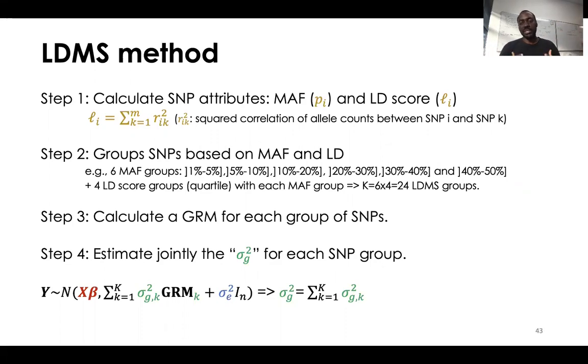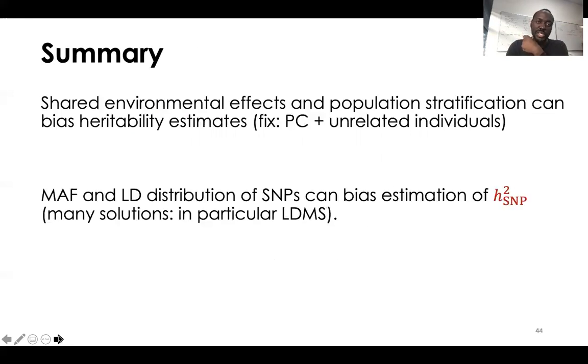But what we lose is that by increasing the number of classes, we also increase the standard errors of our estimates. So there is a trade-off between precision and bias, which is a general issue in statistics. But this method overall works well without making any assumption whatsoever about the functional relationship between SNPs, SNP effects, LD and MAF. So that's a nice property.